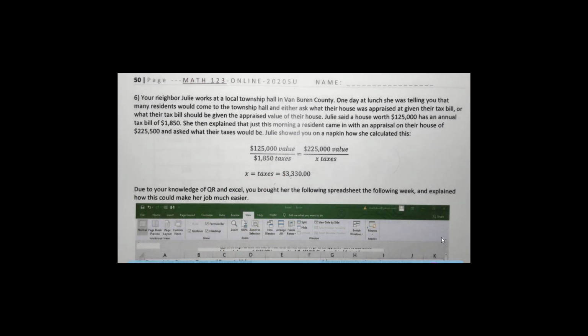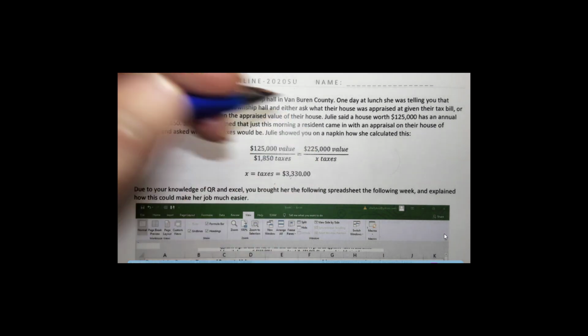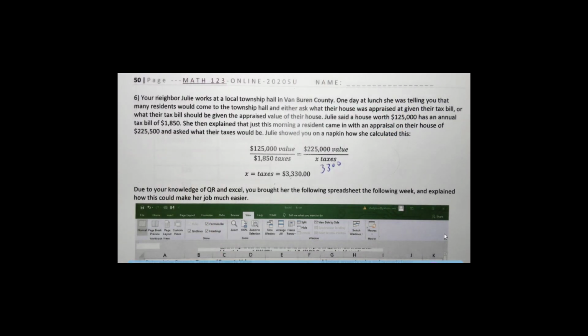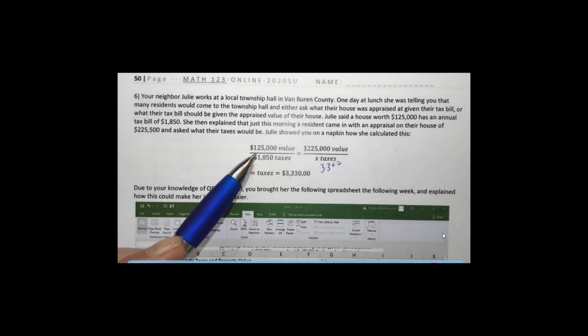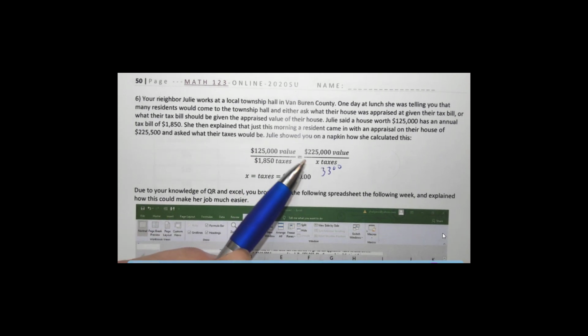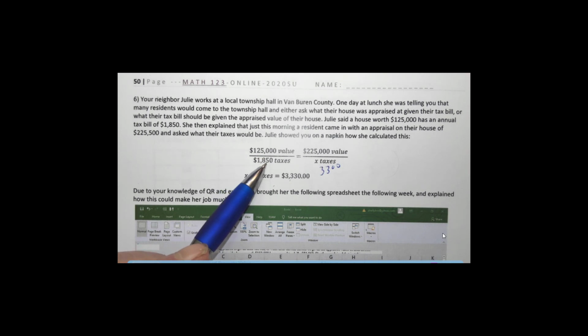But I'm going to ask you one other question. I'm going to write this in here. If I take 125 and divide it by 1850, and then I'm going to take 225,000 and divide it by 3,300. And what do you think I'm going to get? Well, I don't know what I'm going to get exactly, but I'm going to tell you right now what will be true.